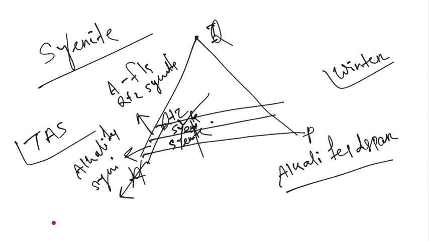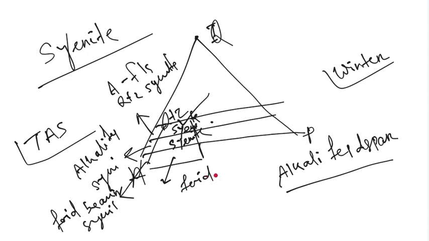And this one is foid-bearing syenite. And this one is foid syenite, or you can say this is nepheline syenite. So you already know these classifications of syenite.